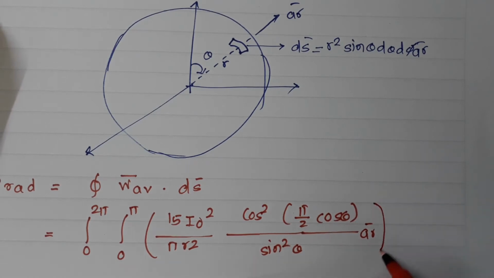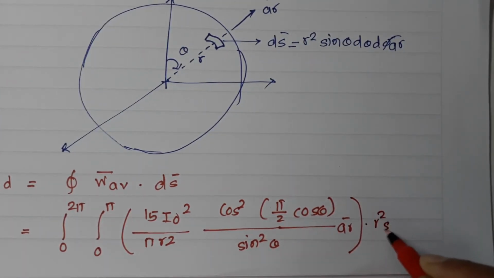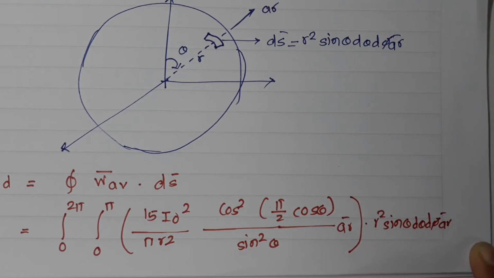Now I will put the value of ds over here, which is R square sine theta d theta d phi AR. So this is all about how we go for the radiated power. Now let us put all those things which we have already seen, and solve this equation for radiated power.